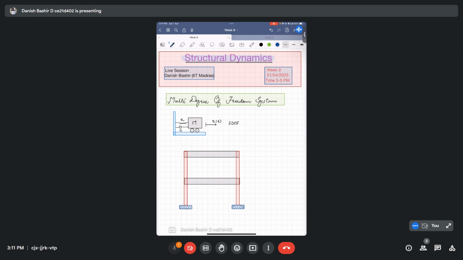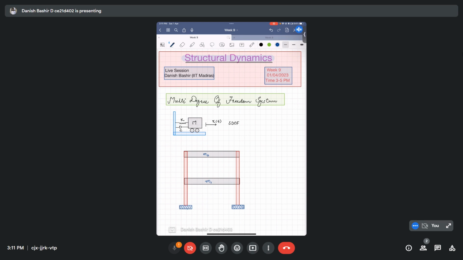For example, the mass of the first floor is M1, and M2 is here. What we are assuming in this frame is that the mass of the whole floor is lumped at the floor level. That is the mass of all the walls, the retaining walls, whatever is present inside the floor, and the boundary walls as well. All the mass is lumped at the floor level. Same for the second floor level, we have M2.